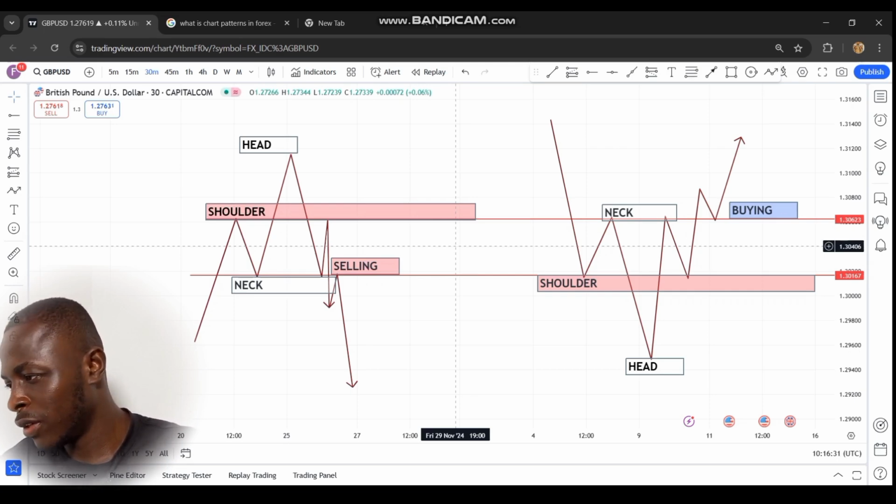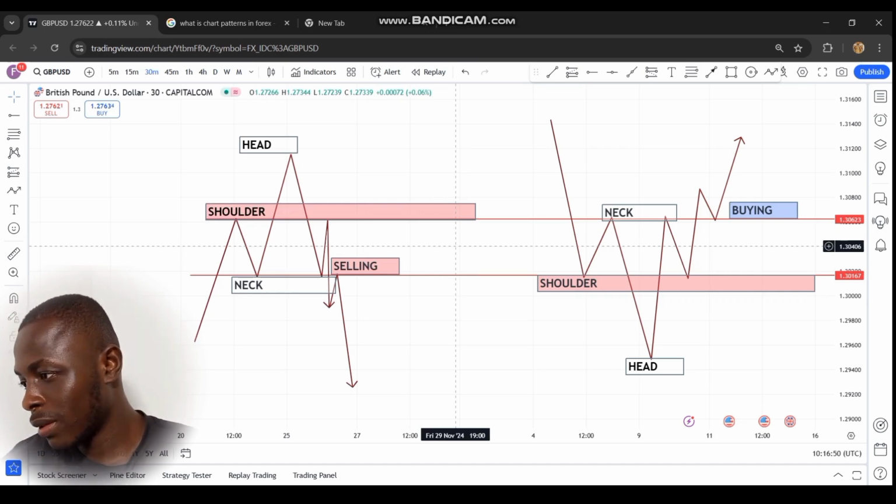This is the inverse of it. Price comes from an uptrend, gets to this support zone, gets to the resistance zone, gets to this support zone, bounces up and breaks through this resistance zone. Then it gets back to the support zone, retests the resistance, and breaks this support zone.